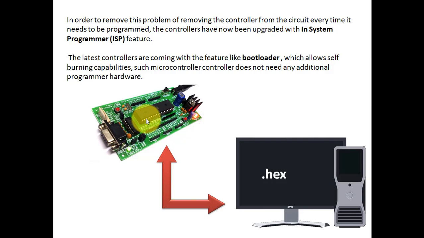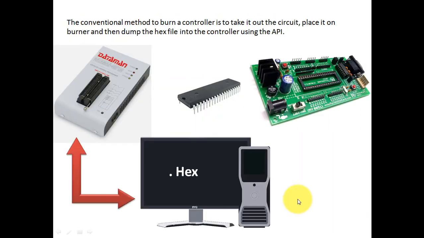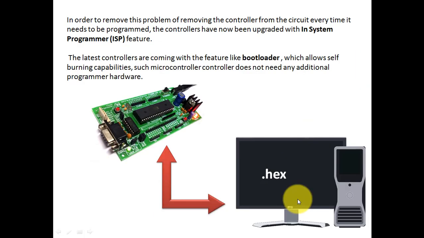The latest microcontrollers also come with features like a bootloader, which gives self-burning capability to the microcontroller, and hence the microcontroller doesn't need any additional programming hardware, which reduces development cost. Please note, the communication between the PC and the microcontroller can be through a serial port, USB port or parallel port.